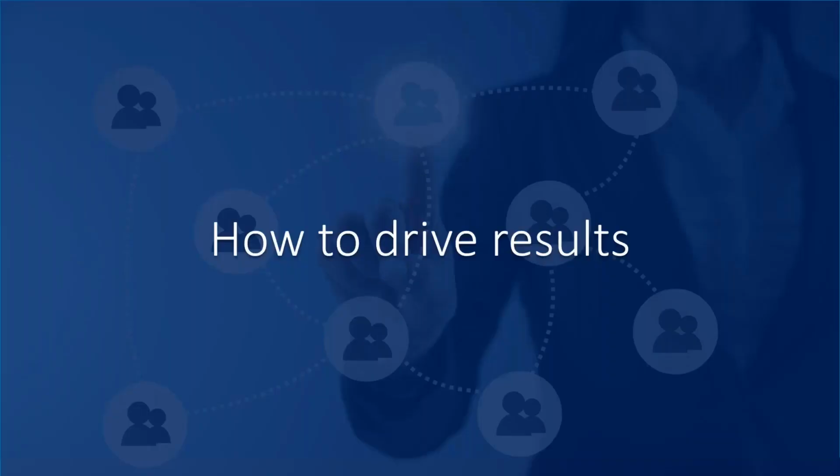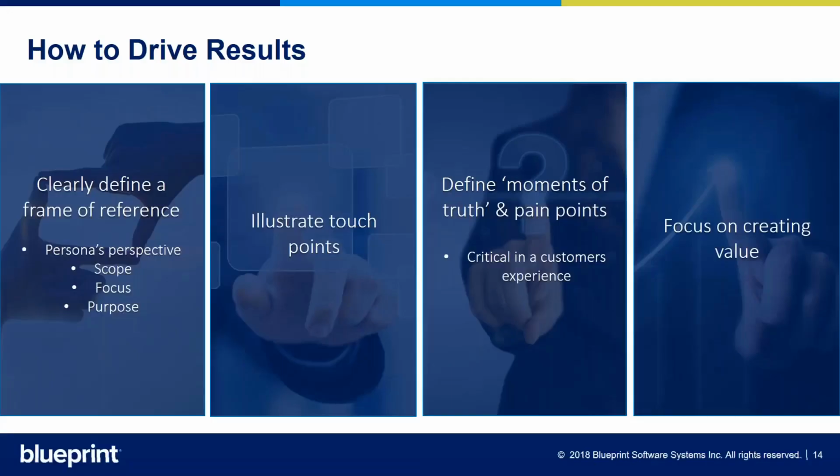Next, we're going to get into the details about how to drive results. So how to drive results, you want to frame the effort clearly within your organization when creating a customer journey map. You want to determine the persona you want to create a customer journey map for and drive value for.